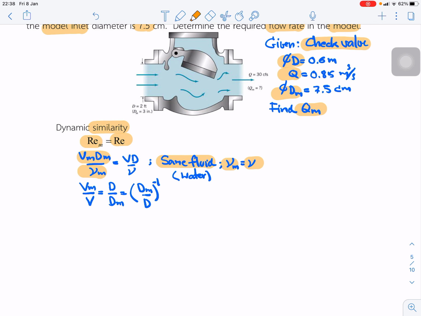So we can write the ratio between the model and prototype velocities as equal to the inverse ratio of diameters. Next, applying Q equals VA to compare the Q of the model and prototype, it is V model times area of the model divided by V prototype times area of the prototype.